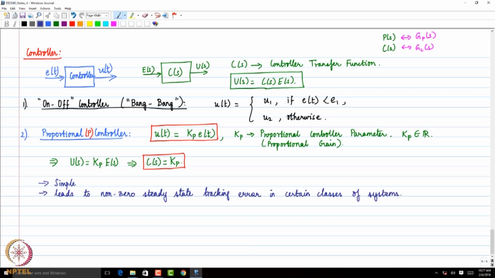That is a limitation or a con of this particular controller. That's proportional control.